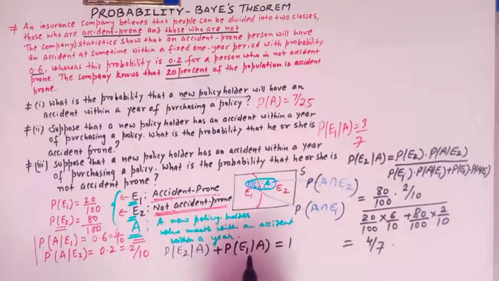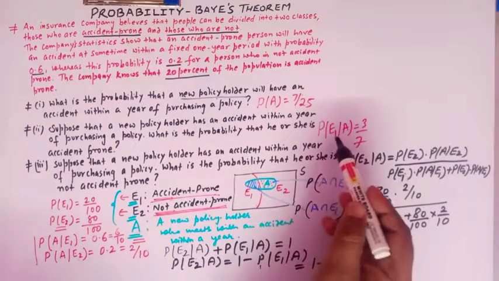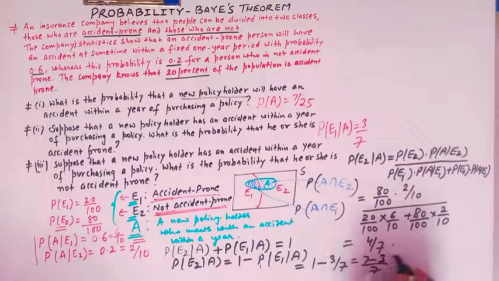So the sum of the conditional probabilities of E1 and E2 when A has already happened is equal to 1. So P of E2 given A is 1 minus P of E1 given A, that is 1 minus 3 over 7, which is 4 over 7, the same as this value.